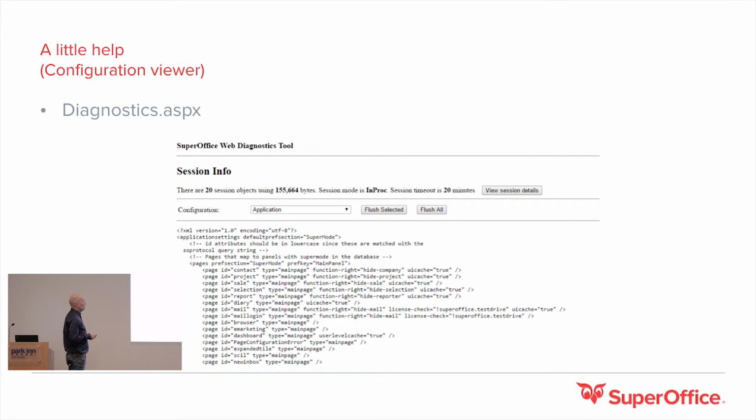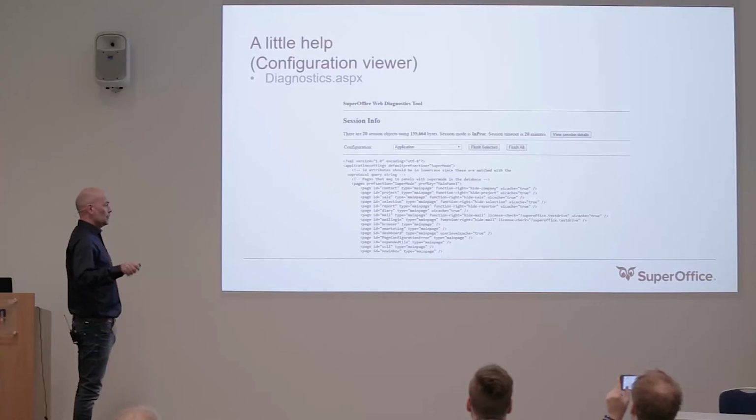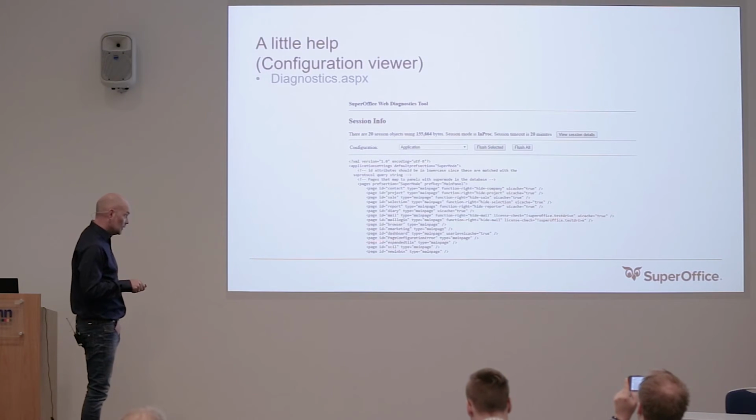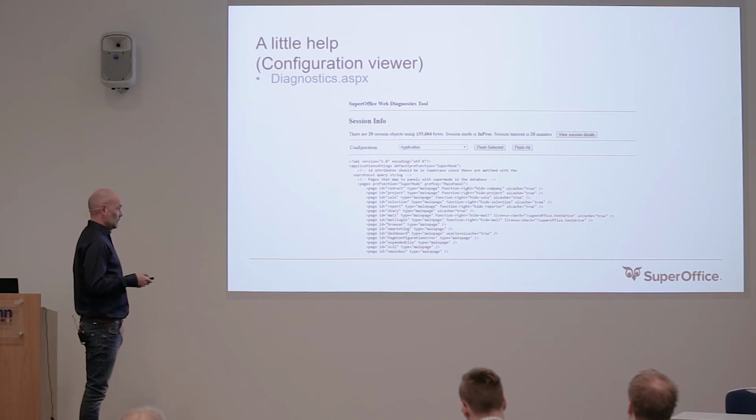In this drop-down, you will get all the configuration files that it knows of, and you can see how it looks below by selecting, and you can flush it. So when you add a merge file into your custom folder, and you choose this, you should see it come in here. It's nice to see, and if it doesn't appear, there's something wrong.